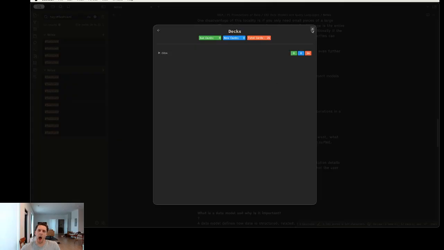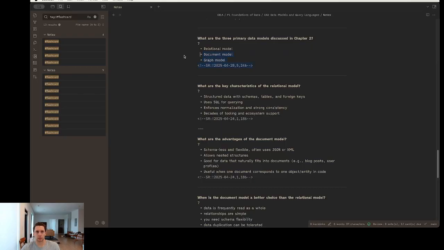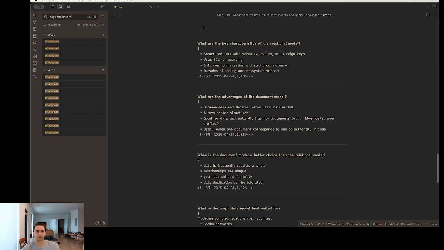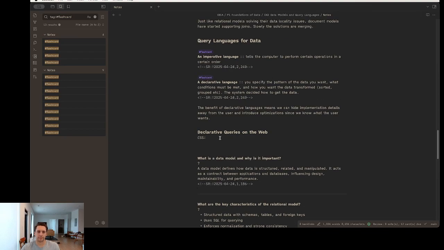So let's get rid of data models. This one can go away. It's not worth much. Alright, we did those. There was something else. Someone had commented. Let me see real quick.